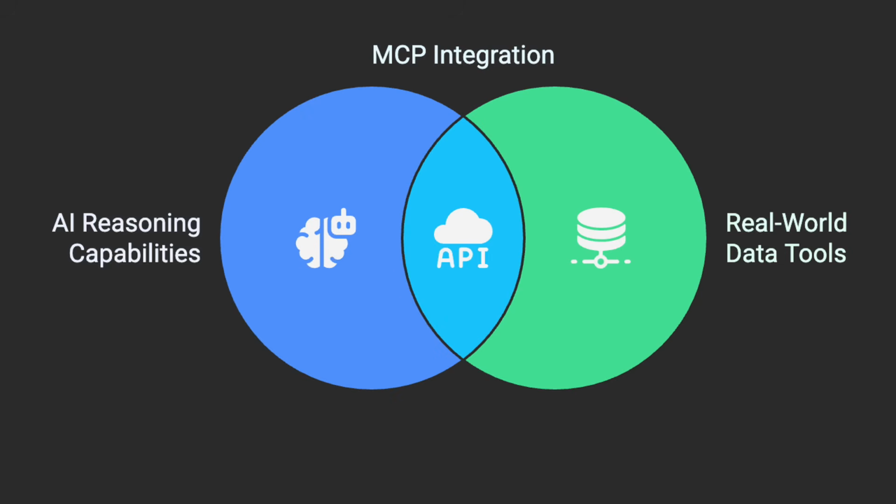When we're using an AI assistant to help with data analysis with MCP, our AI assistant can connect to our database through an MCP server, run real-time queries based on our natural language questions, and visualize the results, all without sending our sensitive data to external APIs. It really bridges the gap between AI's reasoning capabilities and the real-world tools and data that make those capabilities really useful.